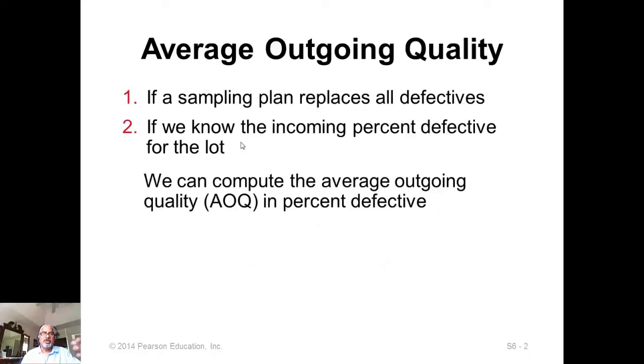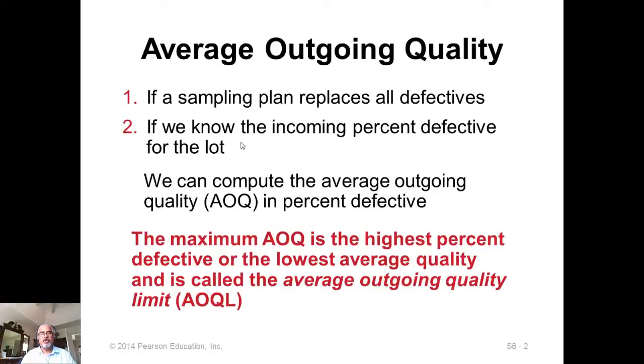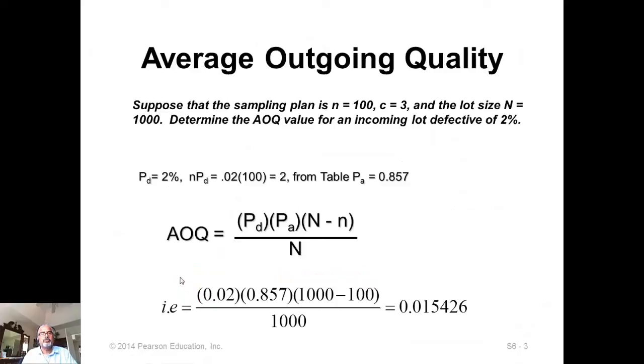So here is the condition under which we're going to look at AOQ, and we will look at the maximum AOQ in just a second, which is called AOQL. Here we have a sampling plan. The lot size is 1000. Determine the AOQ value for an incoming lot defective of 2%. If P sub D is 2%, the first thing to do is compute the corresponding P sub A from the Poisson table.